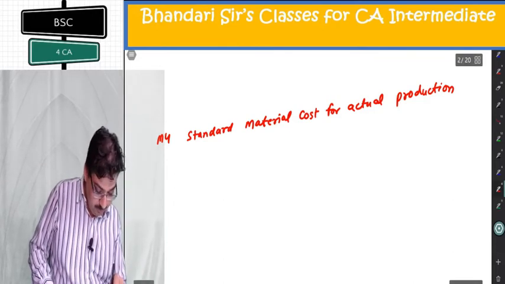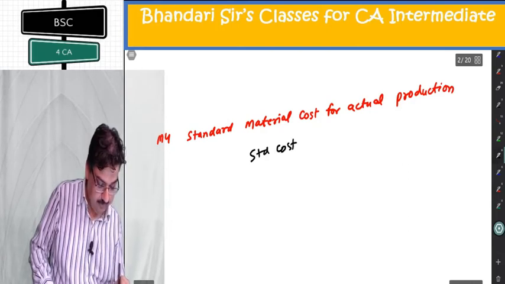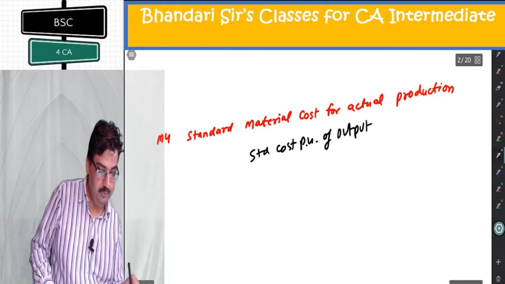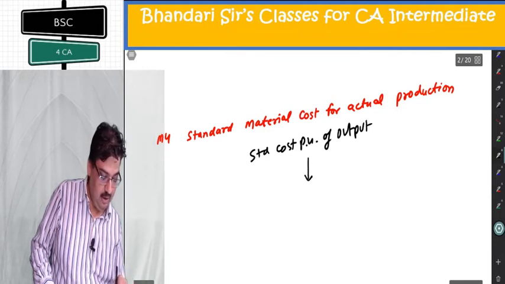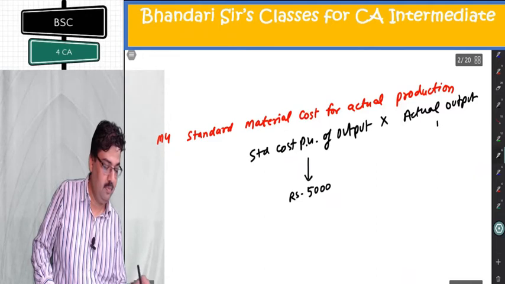So, standard cost per unit of output, it is given at rupees 5,000, multiplied by actual output in units, that is 10 units.